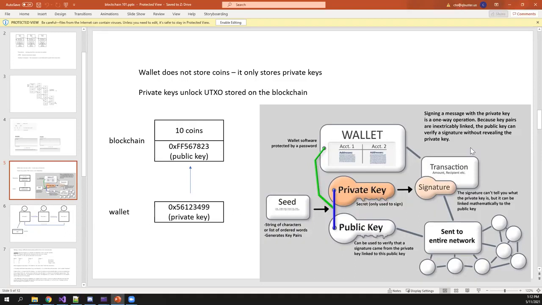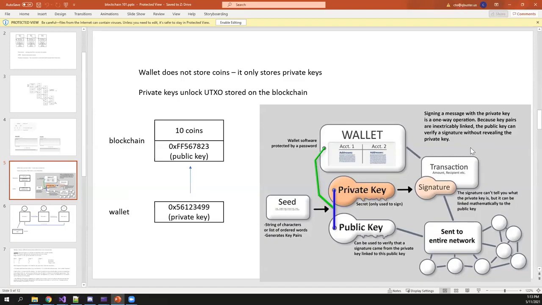Then I can release my public key to the world with a signature. And then anyone in the world can take my public key and my signature and with absolute certainty say, yes, this was generated by you. You own this, right? That's why the private keys are super important to keep safe. And the wallet is the thing that stores the private keys.